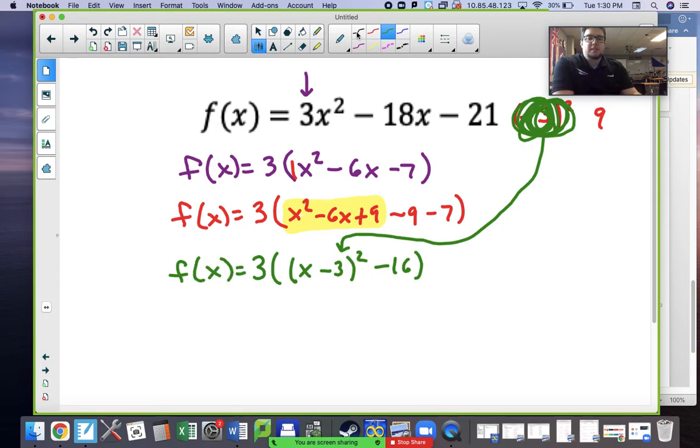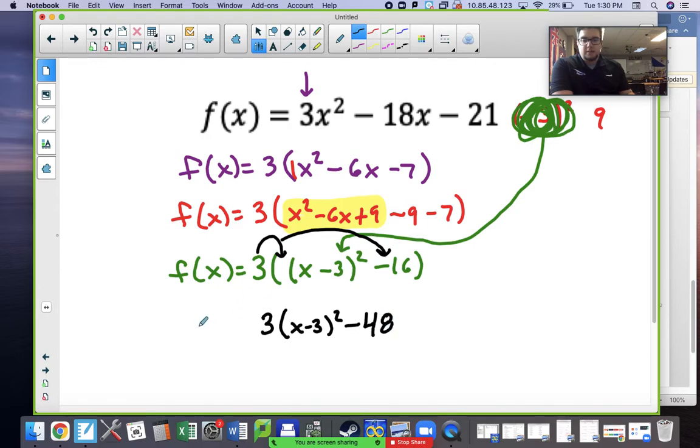The last simplifying step that we're going to do is we're going to redistribute that 3 to everybody in the parentheses. So the 3 multiplies there. 3 times x minus 3 quantity squared, and 3 times negative 16 is negative 48. Everybody gets multiplied right there. And we're done.